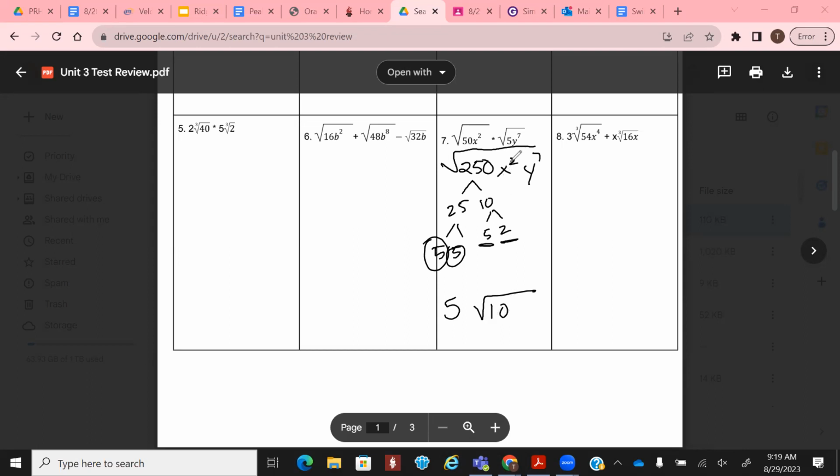If we have x squared, and we want to break it down into 2 groups, we can pull out an x. And then if we have y to the 7th, then we could have y to the 6th with 1 y left over. So I'm going to rewrite this. 5x y to the 3rd.